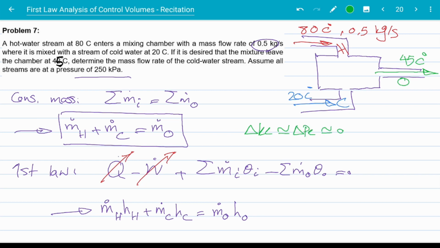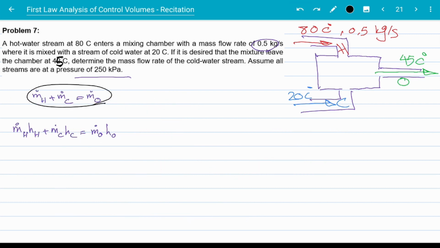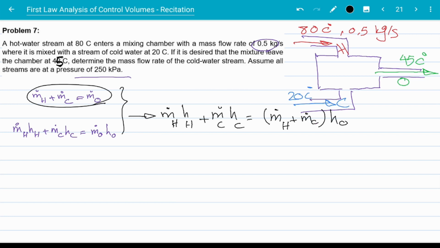That's why theta reduces to enthalpy. Okay, now I can plug in the equation that I got from the conservation of mass into the first law. Let's do it. If I do, I get that m dot h times enthalpy of H, plus m dot cold times enthalpy of cold, is equal to m dot h plus m dot cold times enthalpy of the outlet.